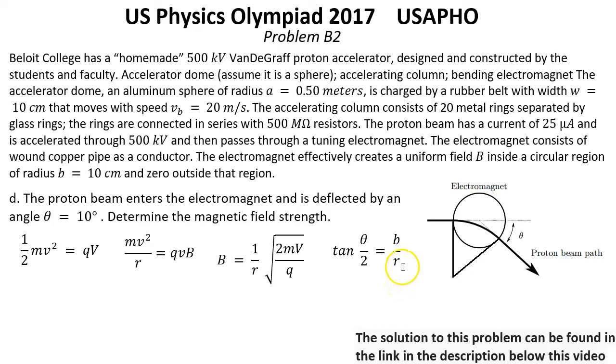And now we can put r from this formula into this expression for the magnetic field and find that it's equal to this expression, which is approximately 0.0894 Tesla. That's the answer for question D.